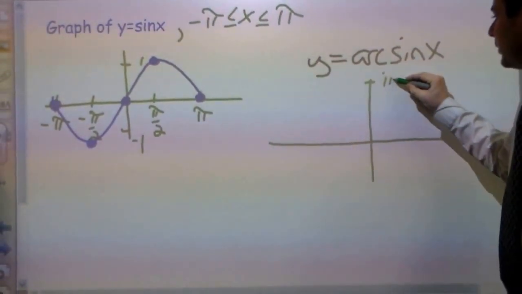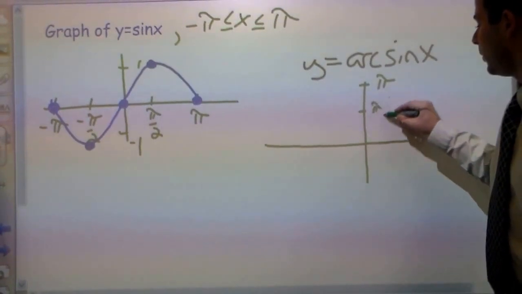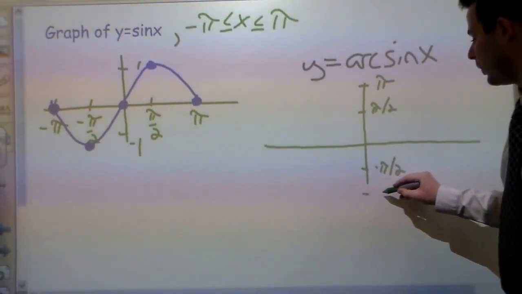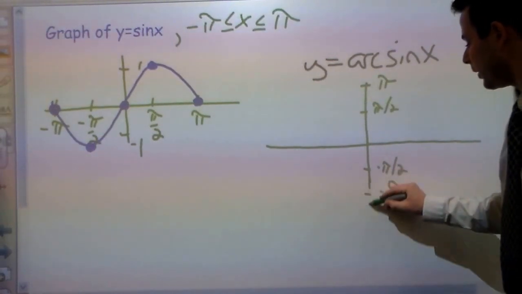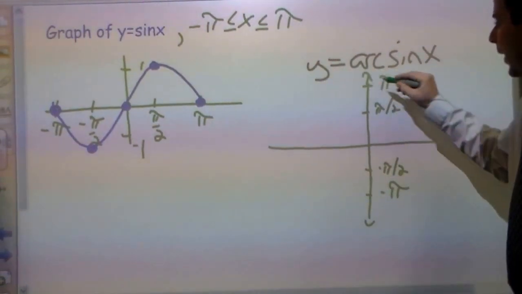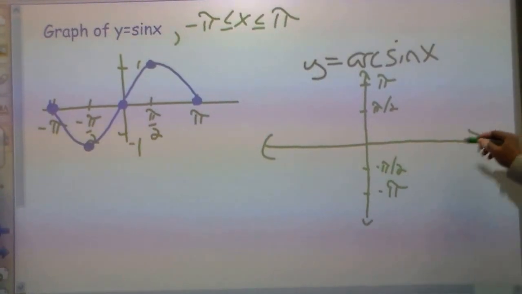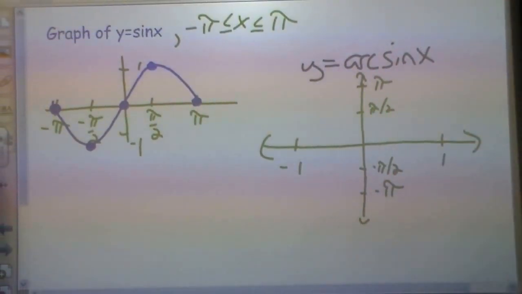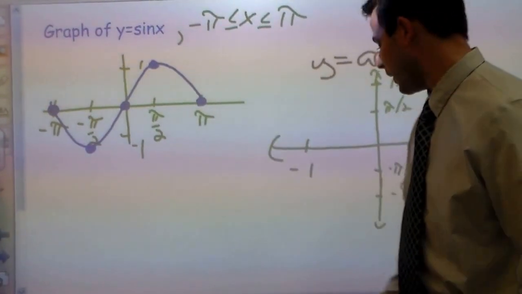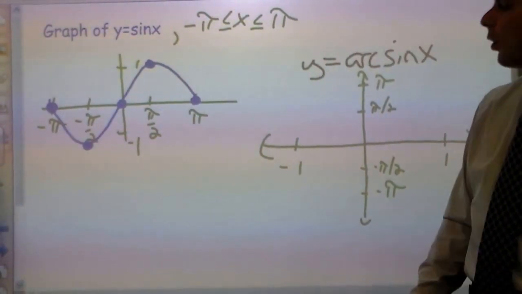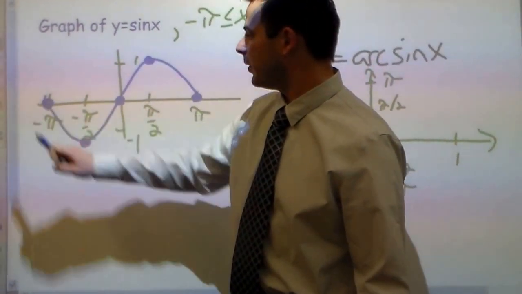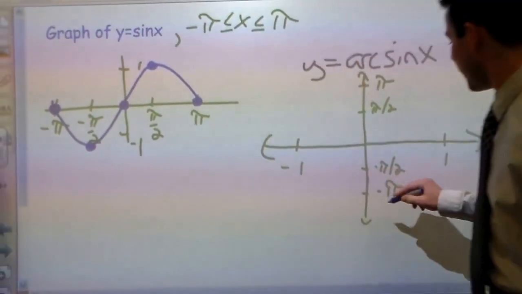So I'm going to have pi over 2, negative pi over 2, and negative pi for my y values now. And now I'm going to have x values of negative 1 and 1 because those were my y values. So let's go ordered pair by ordered pair and interchange x and y. So we had the ordered pair negative pi, 0, so we're going to have 0, negative pi.